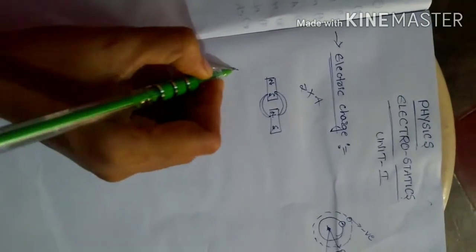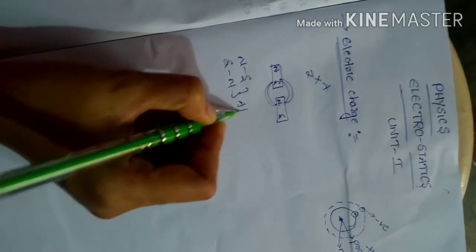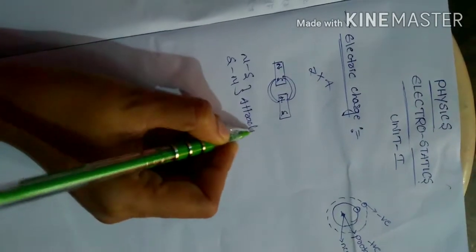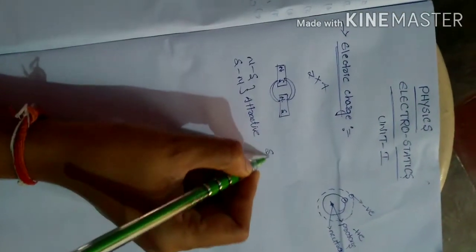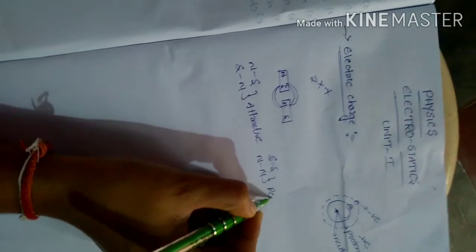Unlike poles, meaning north-south or south-north, attract. Like poles, south-south or north-north, repel each other.